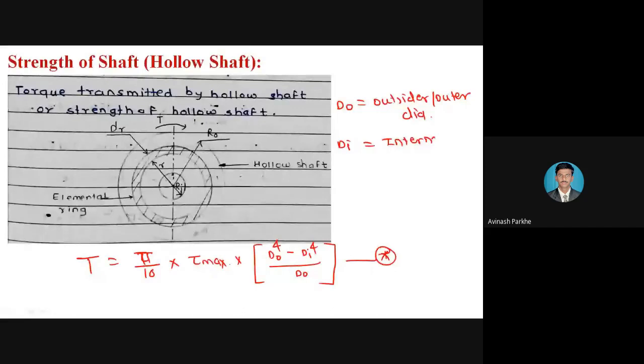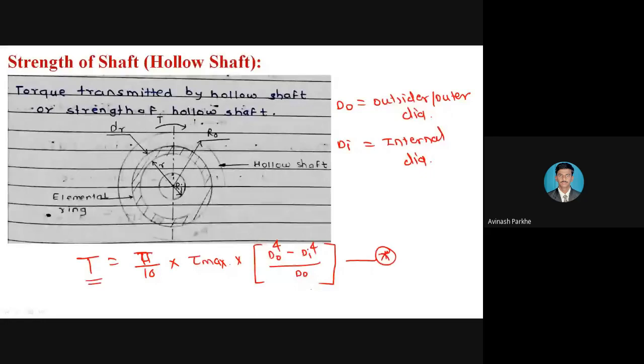The torque transmitting capacity for the hollow shaft is equal to pi by 16 into tau max into do raised to 4 minus di raised to 4 at the numerator, and at the denominator you will get only do.